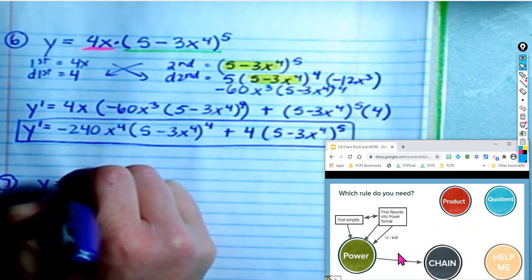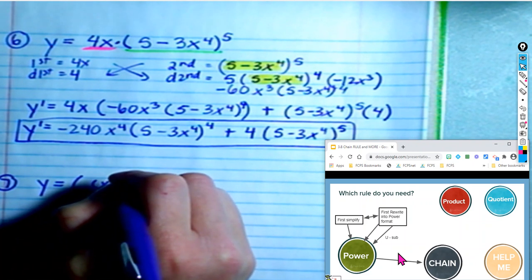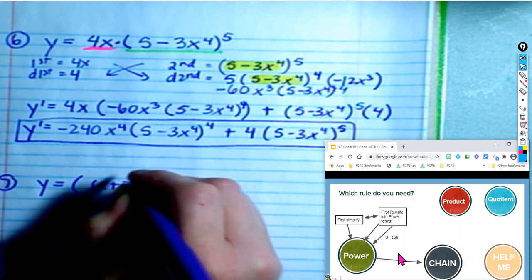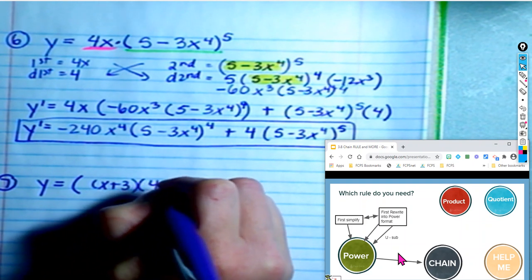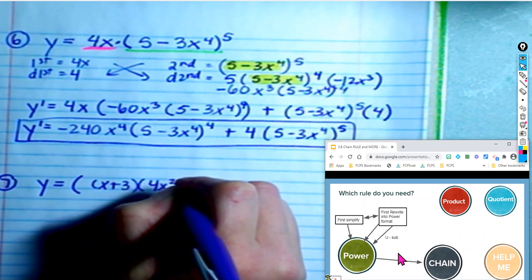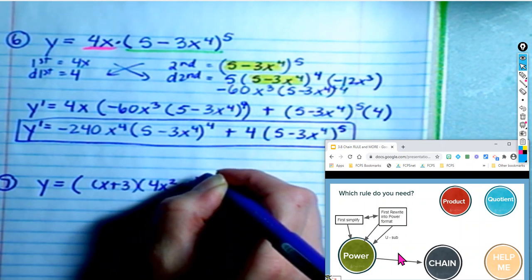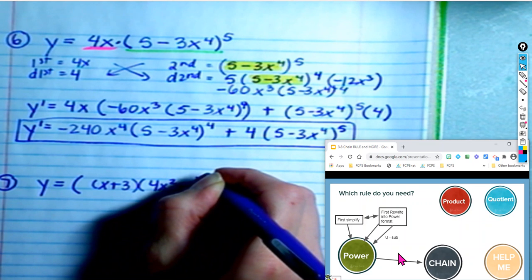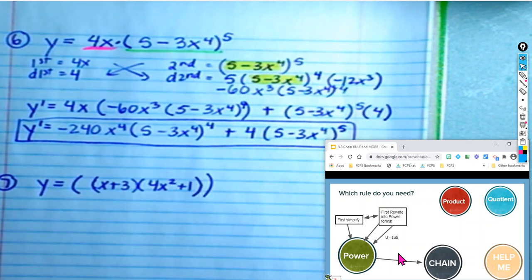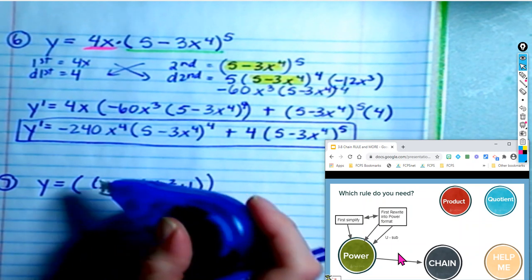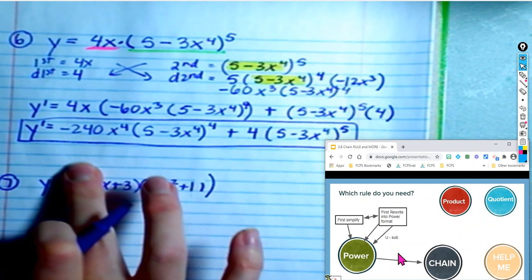y equals (x plus 3) times (4x squared plus 1. Whoop. Let me shrink these up a little bit, make it obvious.) Okay.